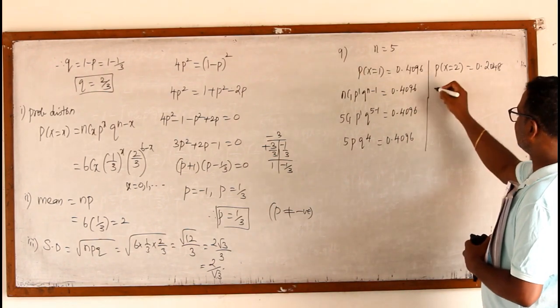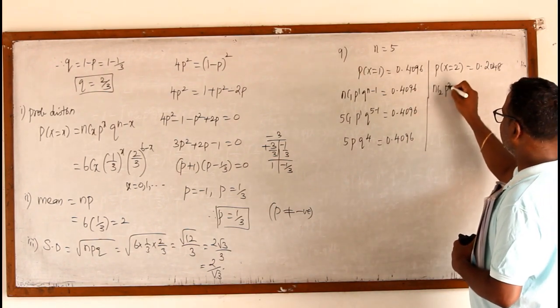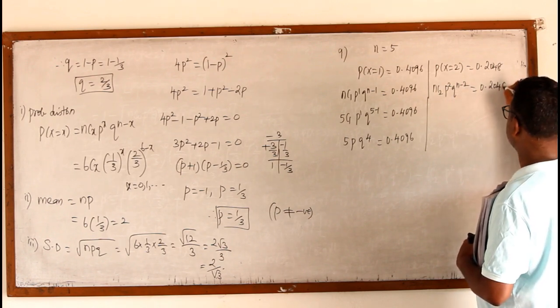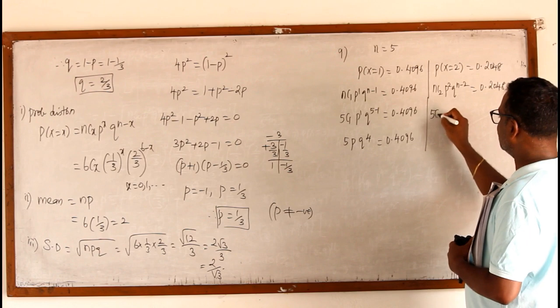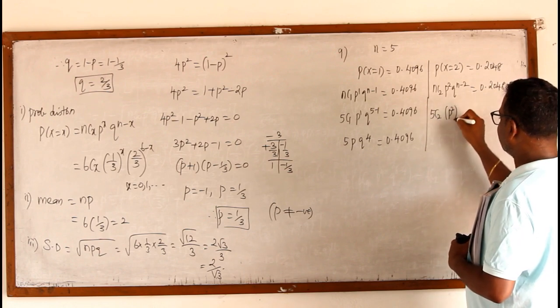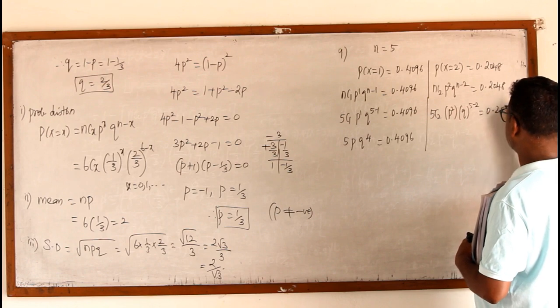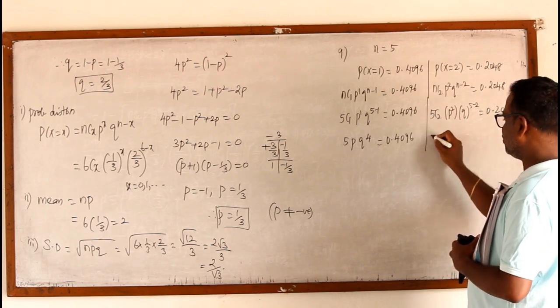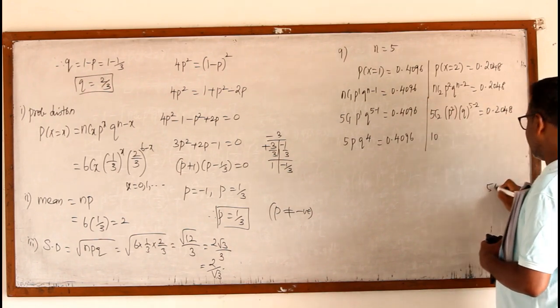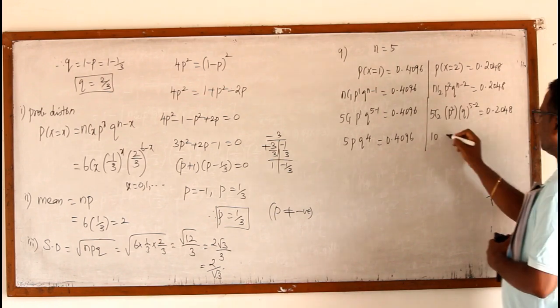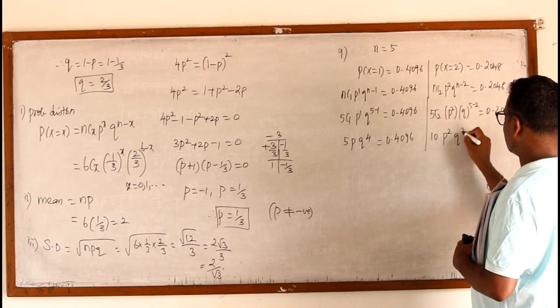Similarly, P of x equal to 2 means nC2 p power 2 q power n minus 2 is 0.2048. 5C2 p square q power 5 minus 2 is 0.2048. 5C2 means 5 into 4 by 1 into 2, that is 10.